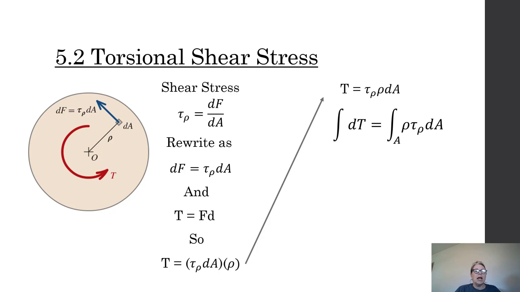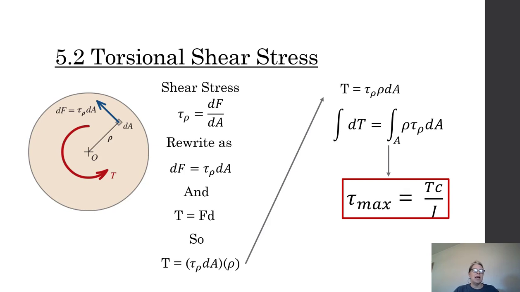Now we're going to integrate because it is a differential element, and voila, shear stress. This is our new stress equation. Our maximum shear stress when we're looking at pure torsion equals T, which is the torque, times c, which is my radius, divided by J. The maximum occurs at the radius, and we'll get to J in just a minute.